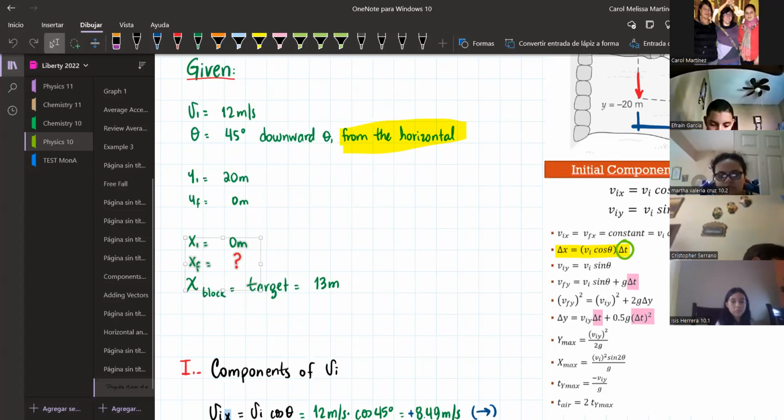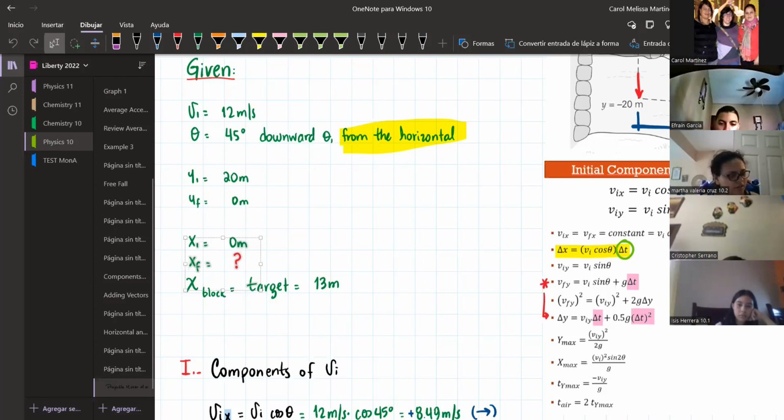My recommendation is, because this formula for final velocity in y is easier to isolate the time, use this one instead of the other one.